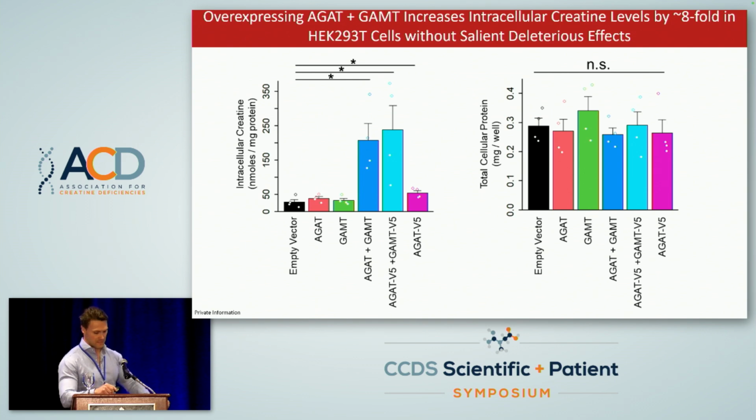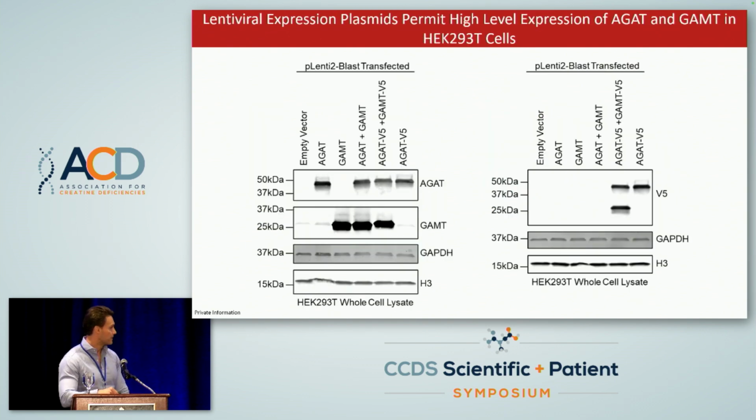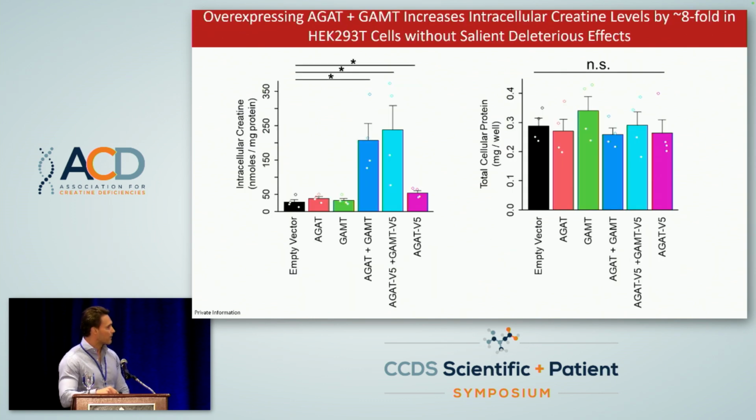To our eye, either by loading the Western blot, using GAPDH or a nuclear marker, histone H3, or by measuring the total cellular protein, we didn't see any defects in the amount of cells or their survival.